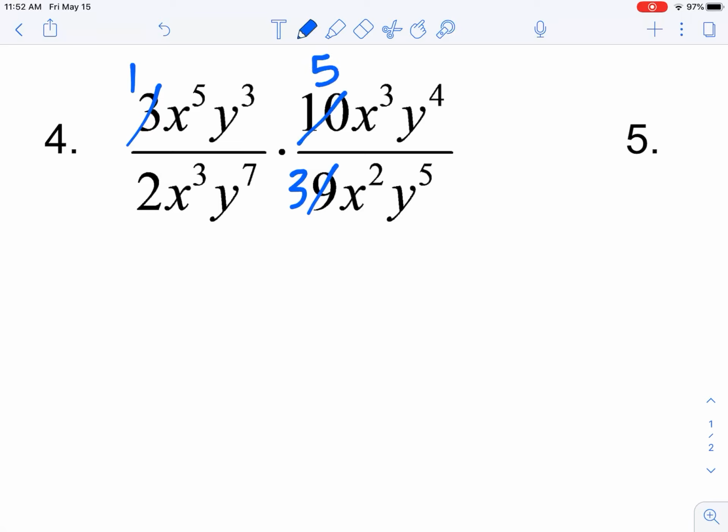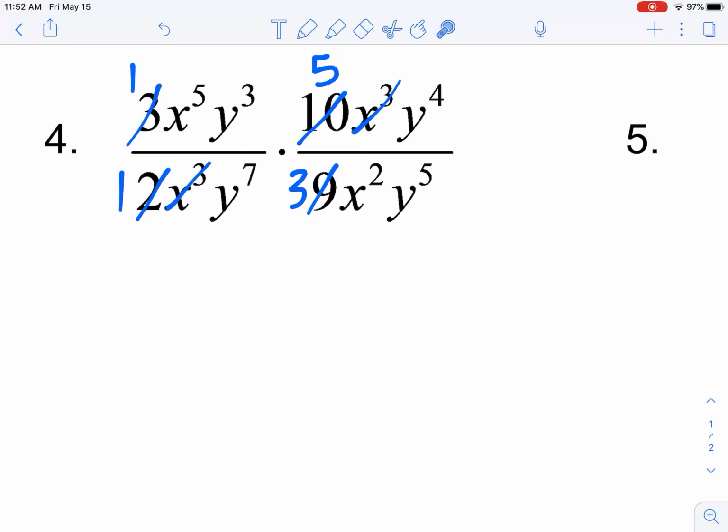So if I divide both of those by 2, we get a 5 and a 1. Now we can take a look at our variables. Remember, when we're dividing or we have a fraction with exponents, we subtract them. And some might just cancel out. Like I can see here, I have x to the third and then x to the third in the bottom as well. So those can just cancel out.